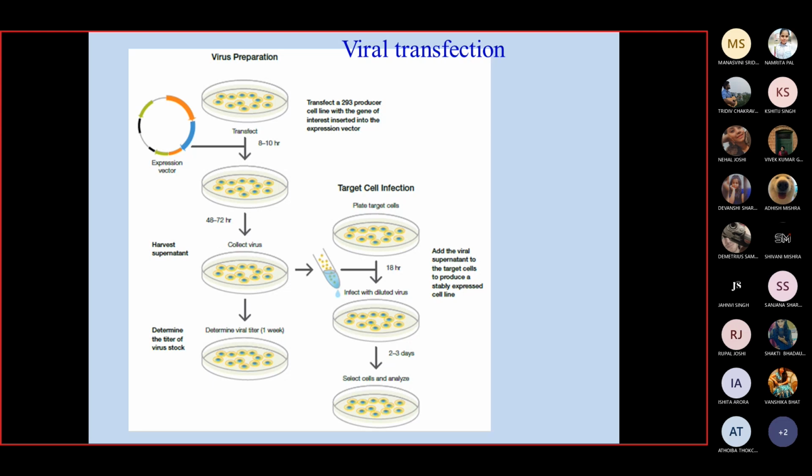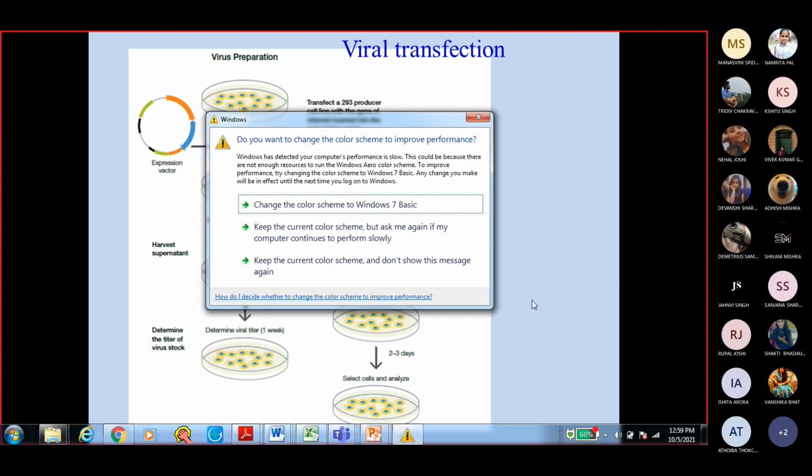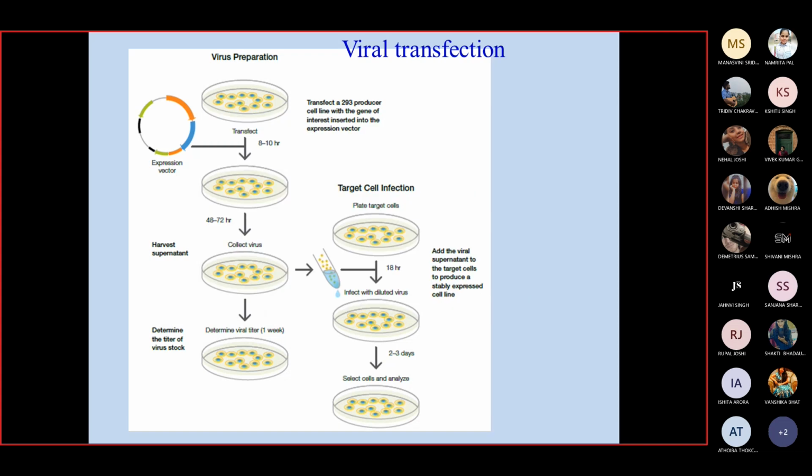Agrobacterium has this ability to infect those things and it can transfer the DNA. I'm not adept in plant cell culture, so hopefully you will get to hear more on that from Dr. Sunny, I guess.